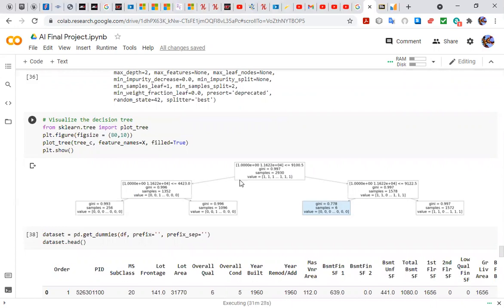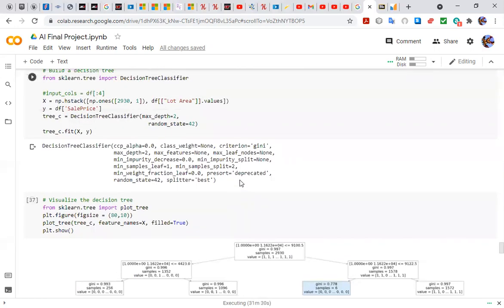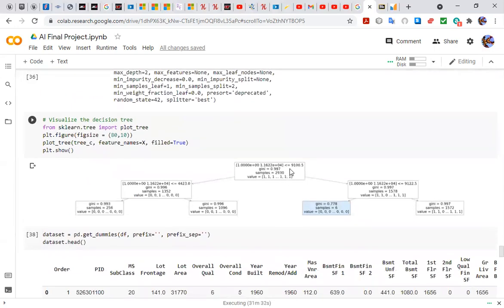I plot another decision tree to further analyze the sale price. For the X values, if it's under 9,100 square feet, it'll move over here. If it's greater than or equal to 9,100 square feet, it moves to the right.